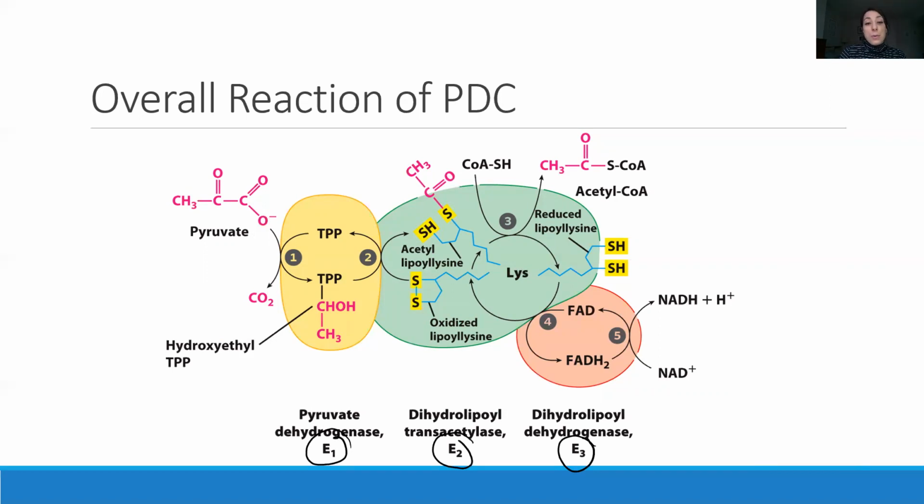There's E2, which is dihydrolipoyl transacetylase, and E3, dihydrolipoyl dehydrogenase. These are the names of each of the subunits. And then these subunits all act together to do the whole process. And you can see within the subunits, there are numbers labeled to tell you each of the stages that occur as one pyruvate is going to become one acetyl-CoA.